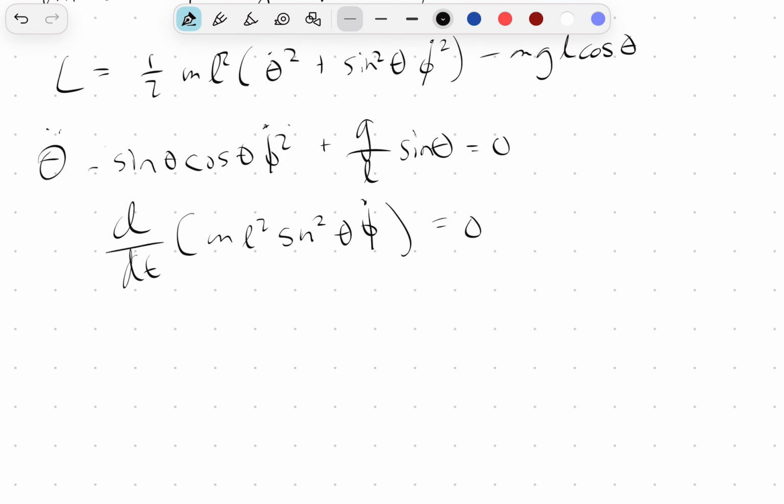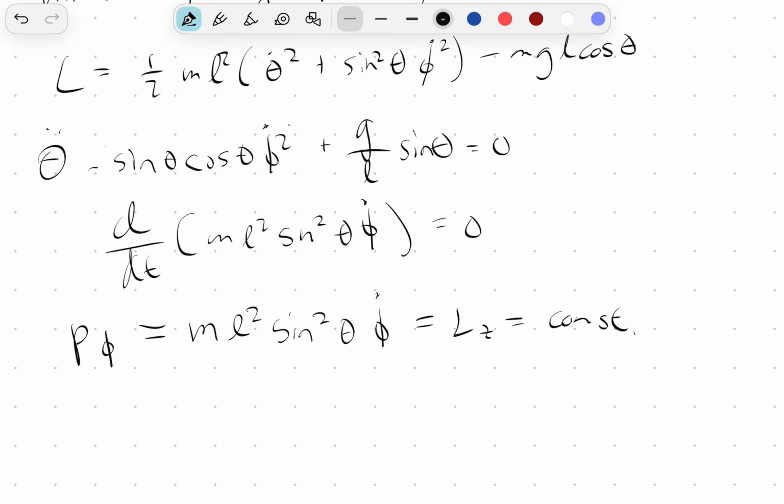So, taking this, we'll be left that the momentum here, or this conserved quantity, is this vertical component, sine squared times the azimuthal velocity, the LZ. This is a constant.